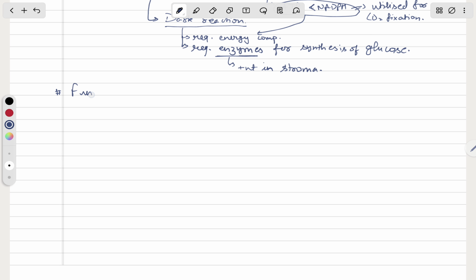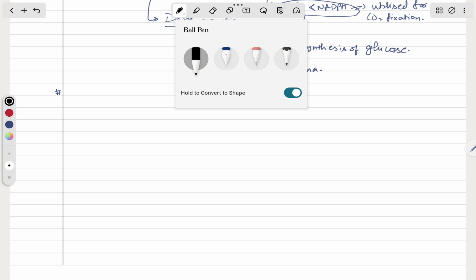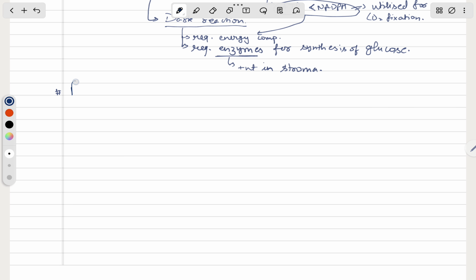Now, the function of plastid. Number one, photosynthesis, or we can say biogenesis.